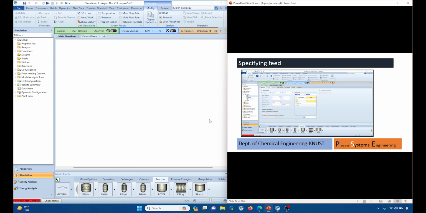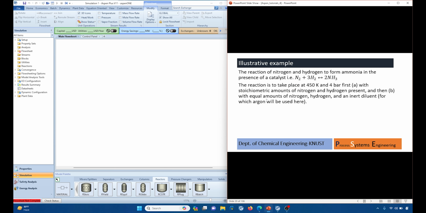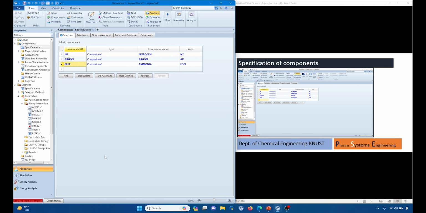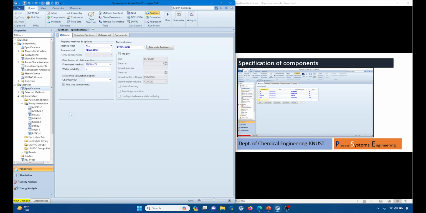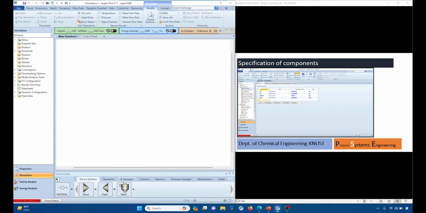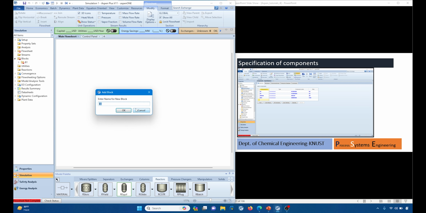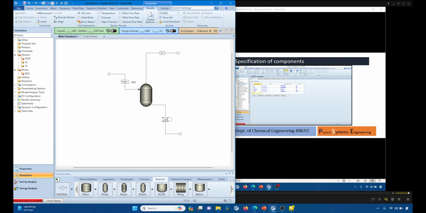So go ahead and add the components of this reaction to your simulation. We're still maintaining the Peng-Robinson equation of state. And here we pick the equilibrium reactor. After we have done that, we can label the streams nicely and go on to the specification.